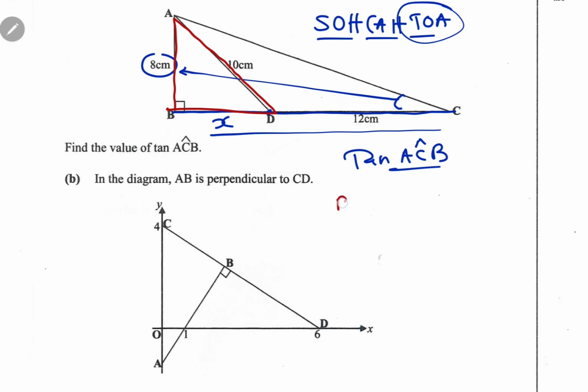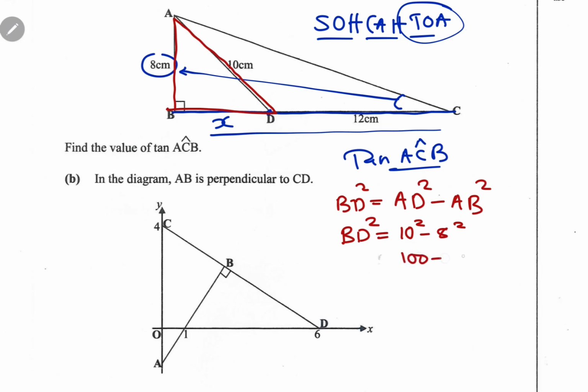Which part are we finding? BD. So BD squared is equal to, the longest side is AD, AD squared minus AB squared. AD is 10 squared minus AB, which is 8 squared. So you're going to have 100 minus 64, that is 36.